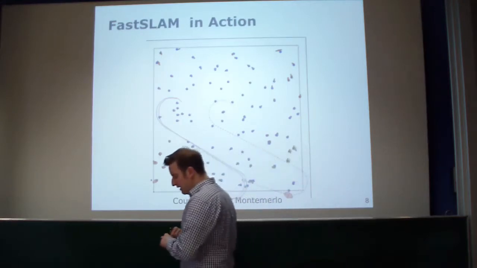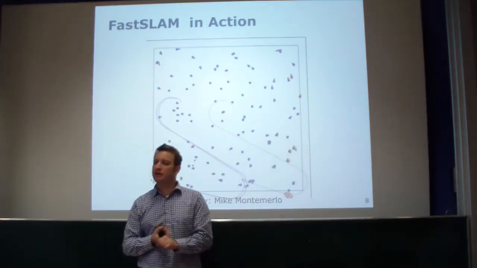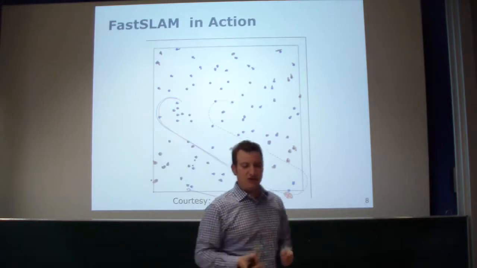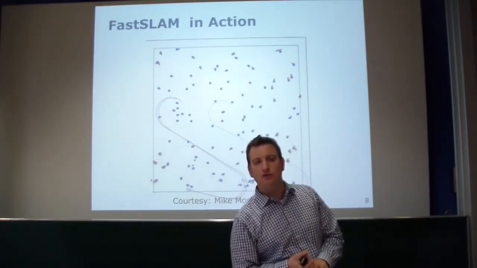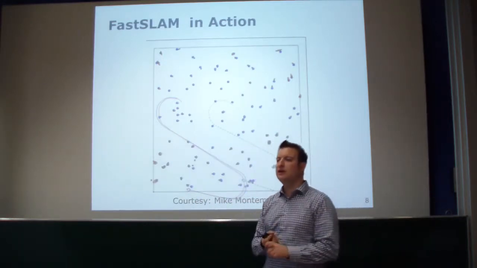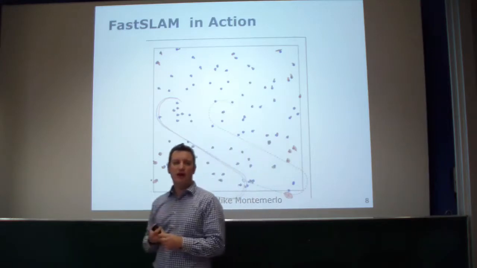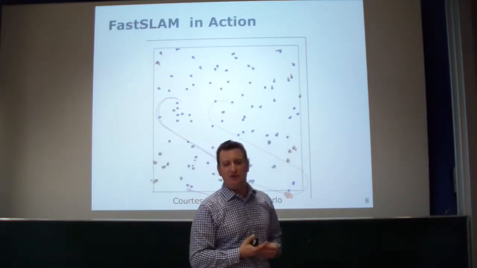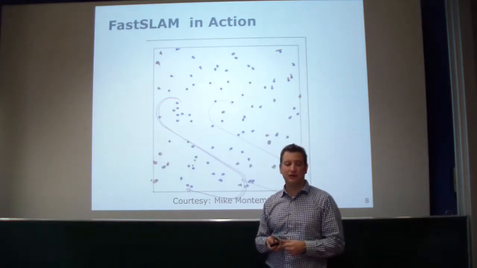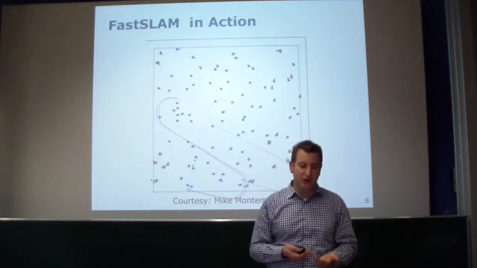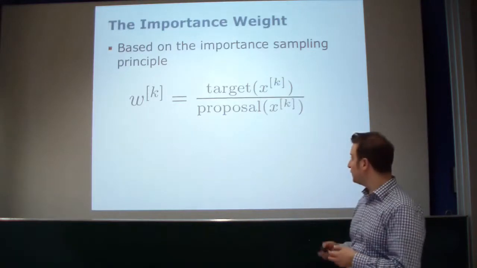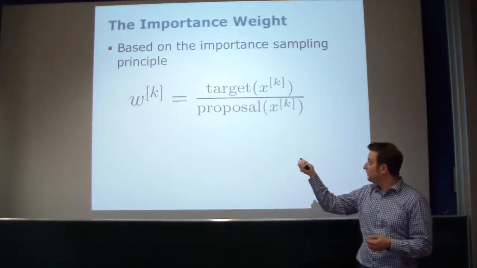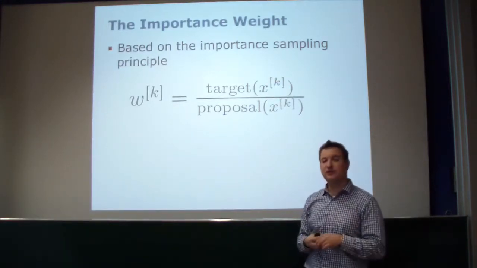One of the key things in particle filters for applications in general is how to design a good proposal distribution. And here, we use the motion model as our proposal distribution, exactly the same way as this is typically done in Monte Carlo localization. And if we do so, we need to compute the importance weights, and this is computed as the target distribution divided by the proposal distribution.